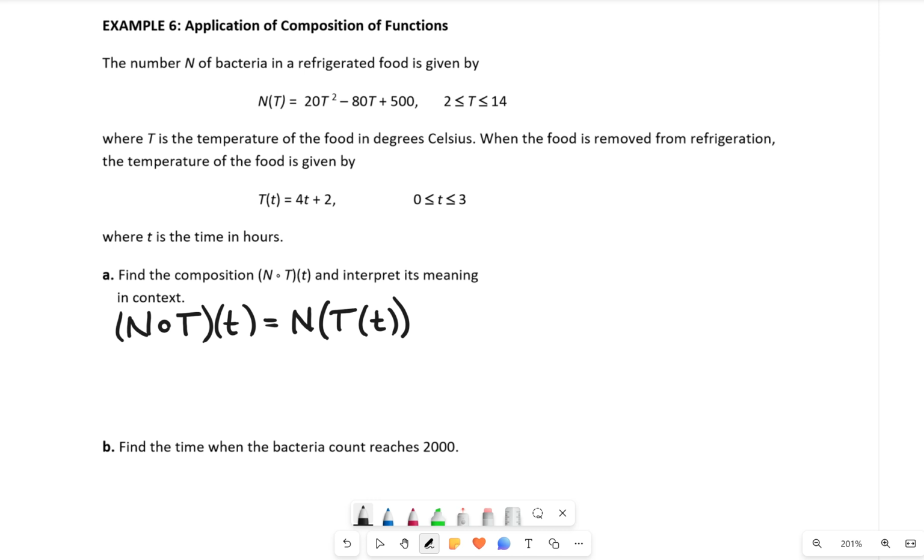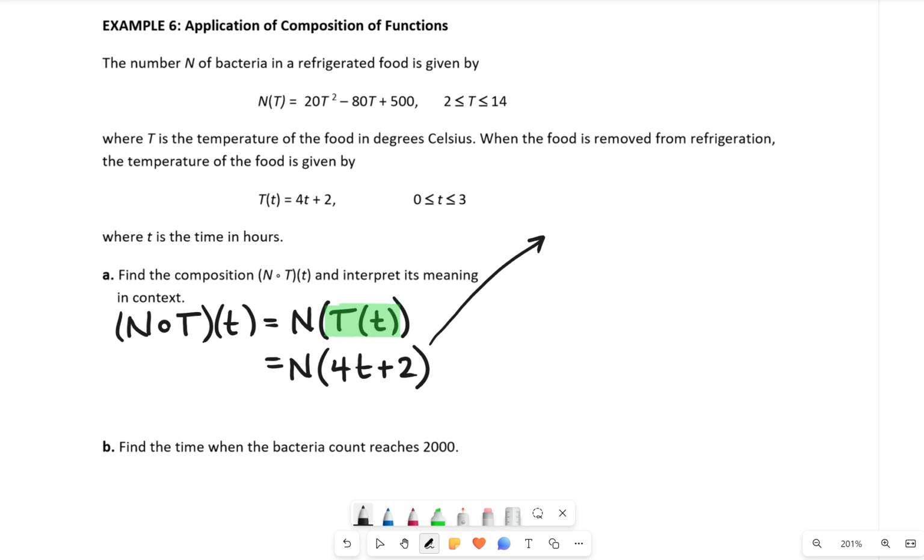Again, we do what we've been doing. Just because it's an application problem, the approach is not going to change. We are going to take care of the inside first, substitution. Replace capital T of t, so equals n, open parentheses, replace that with 4t plus 2. So what does that notation mean?